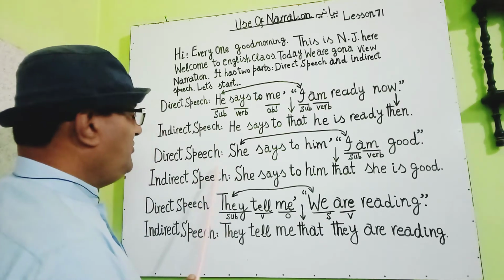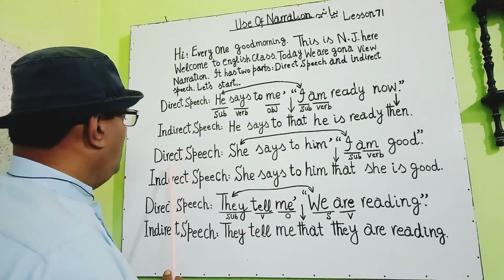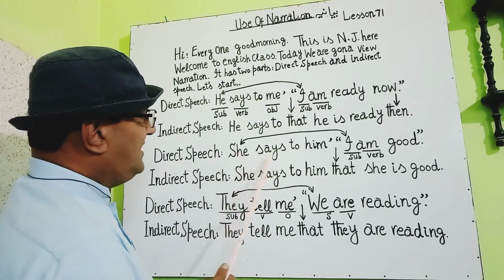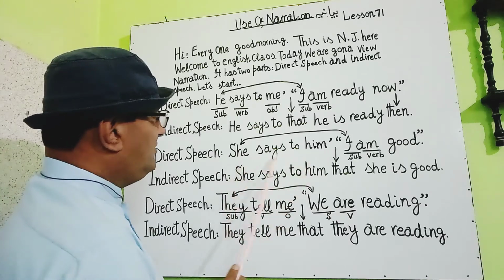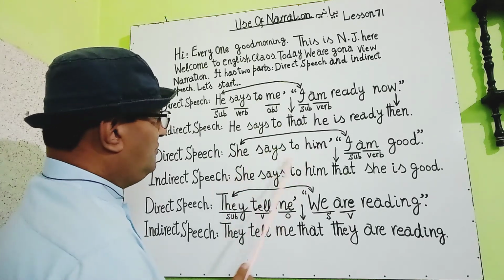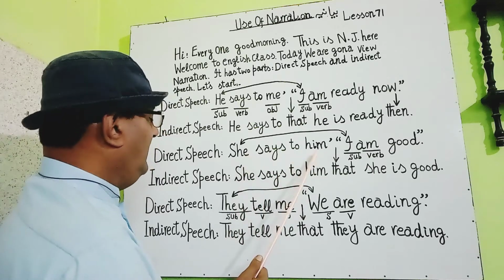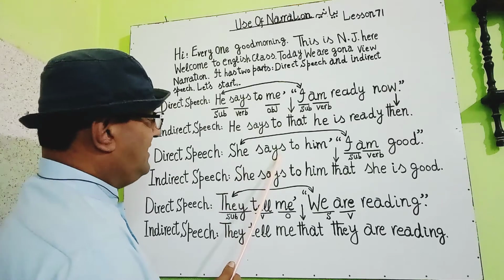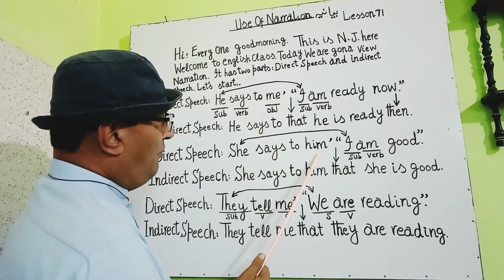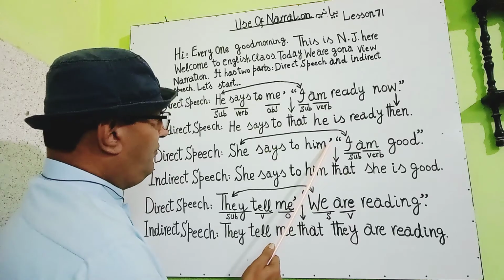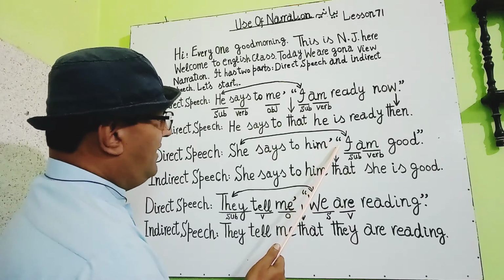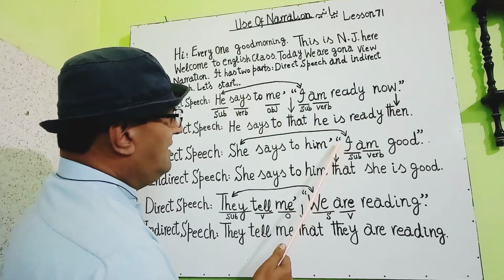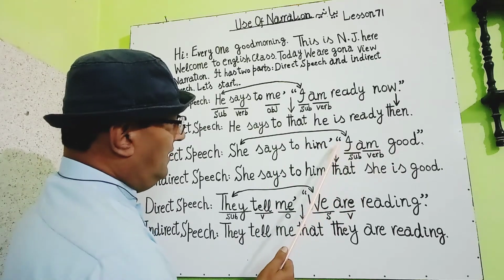Now we come to the second example. Here see, guys, the direct speech sentence is, she says to him. And here you see, she is the subject, says a verb, and him is the object, and after this there is a comma, and the second segment of this sentence is in inverted commas.